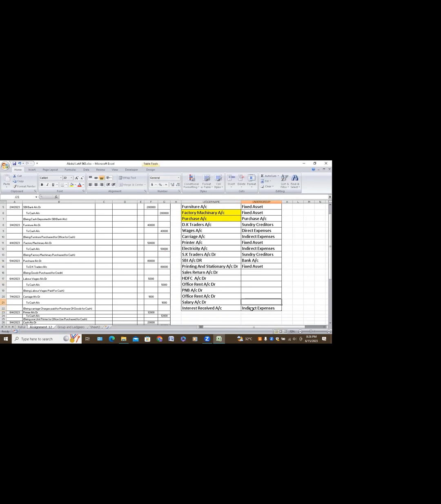Sales returns come under sales account only. HDFC, PNB, it is a bank. Make it bank only.